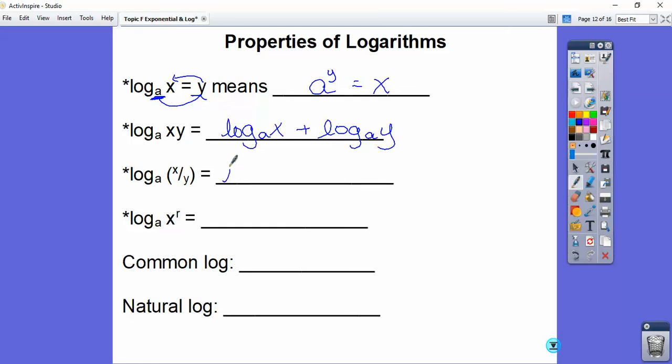If they are divided, you subtract those logs, so log base a of x minus log base a of y. You guys remember seeing these before? This next one, if you have an exponent, what happens to it? Goes down to the front, becomes a coefficient.